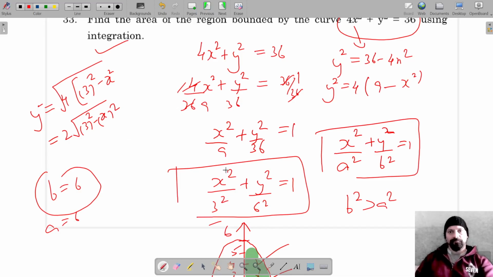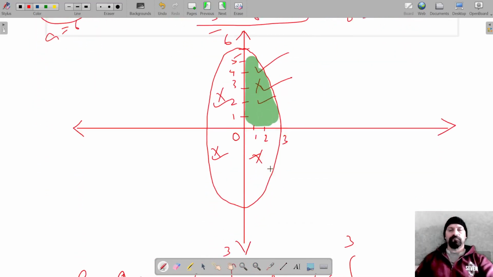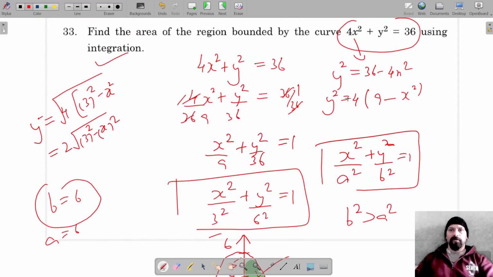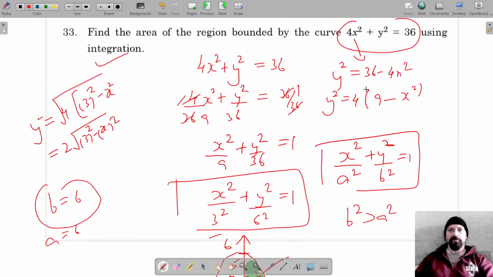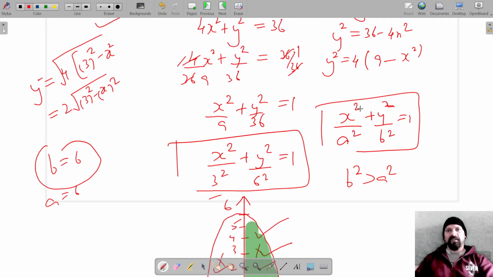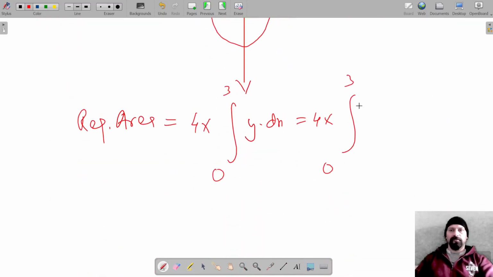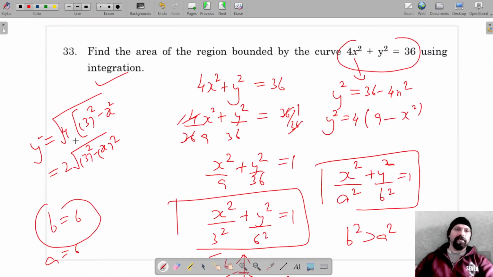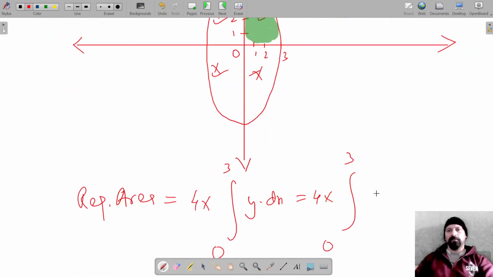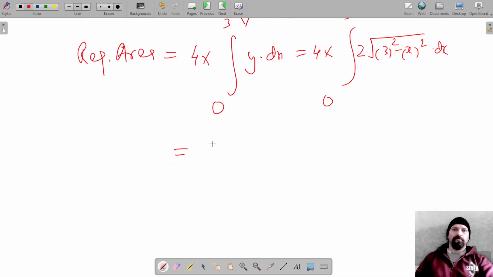Now the area is 4 into the integral from 0 to 3 of 2 times the square root of 3 squared minus x squared dx, which gives me 8.